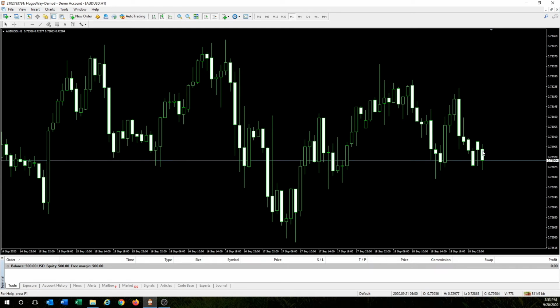Each one of these bars is called a candlestick, and we're going to talk more in depth about candlesticks later, but how do we interpret what we're looking at here? Because we're on the 1 hour chart, each one of these bars represents 1 hour. So 1, 2, 3, 4, 5, 6, 7. In 7 hours, these 7 bars formed.